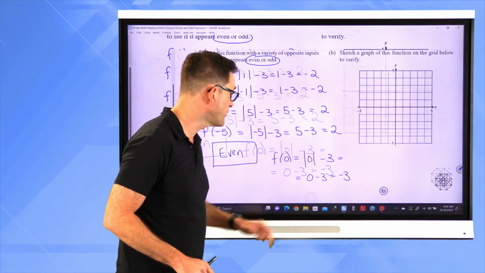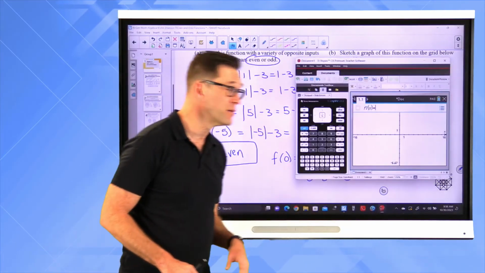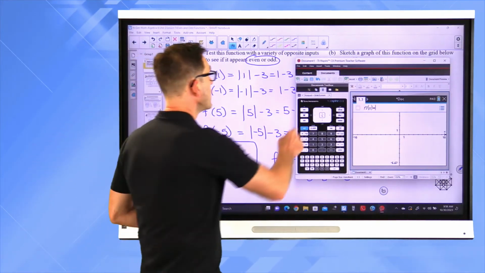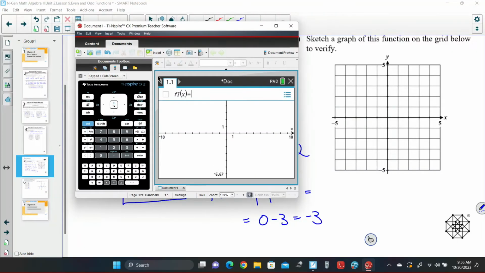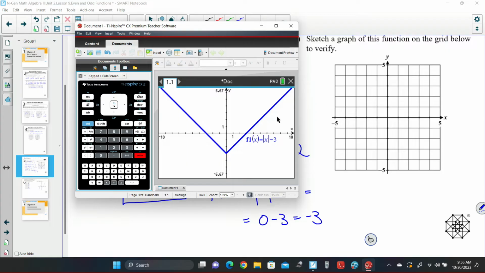If you absolutely have to, of course, you can bring your calculator out. That's no problem, right? We could put our function in. Let me just do that really quickly. So let me go here, grab absolute value, put absolute value of x in, minus 3, enter. There's my graph.